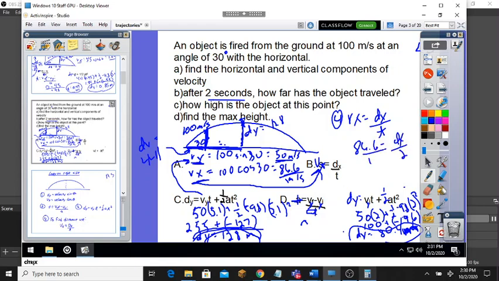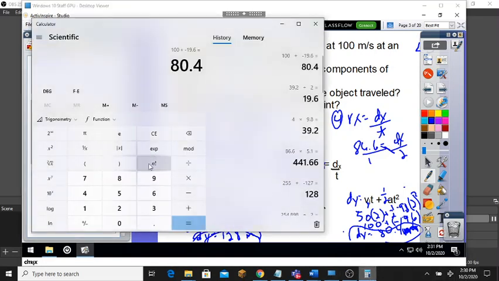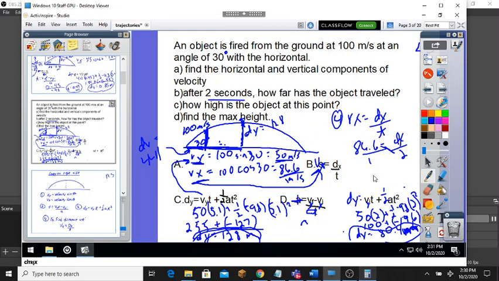So 86.6 times 2 is 173. So that's for the distance from there to there.